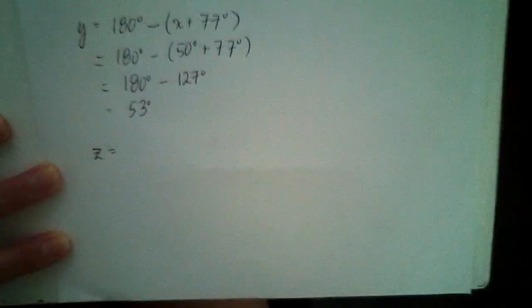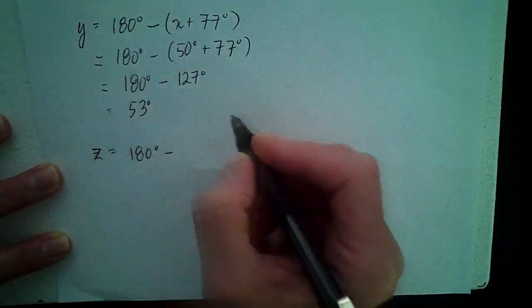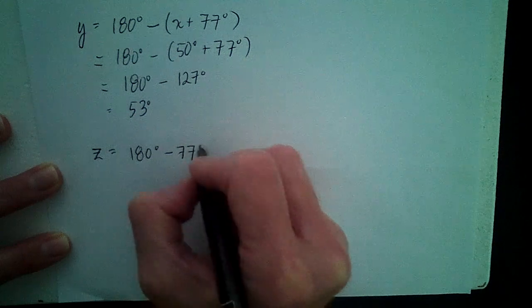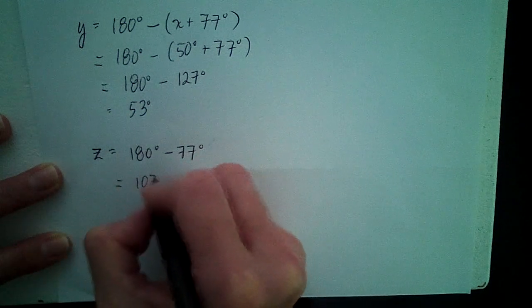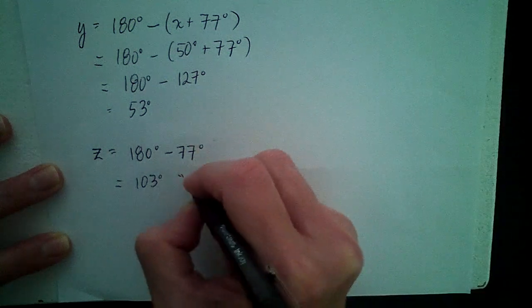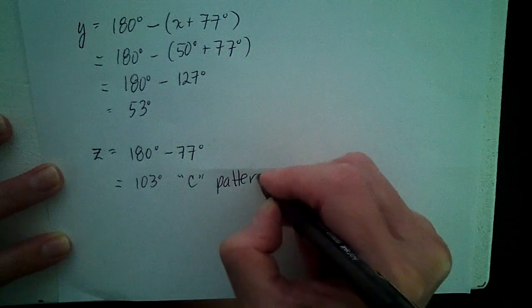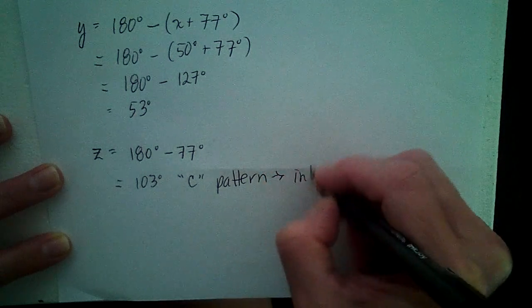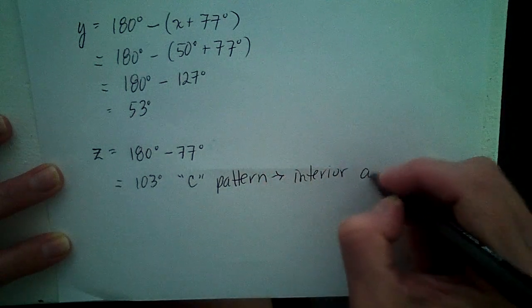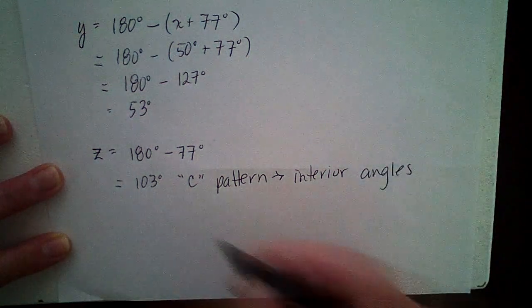So when I slide back down here, I'm going to write Z is equal to 180 degrees minus 77 degrees, which gives me 103 degrees, because C pattern, interior angles on the same side of the transversal.